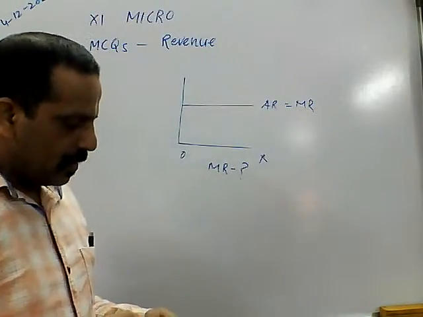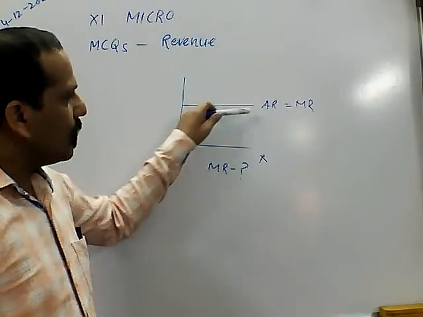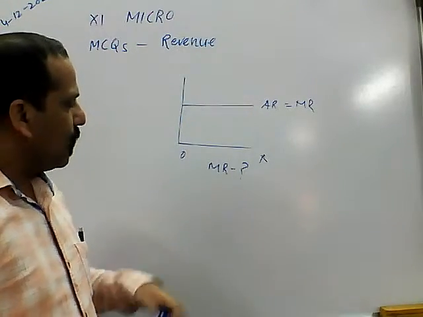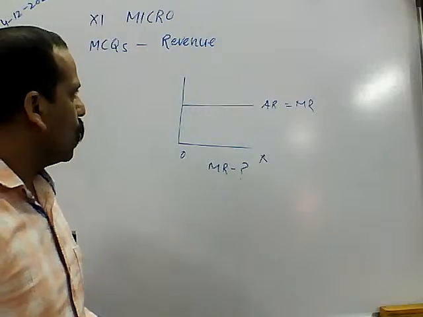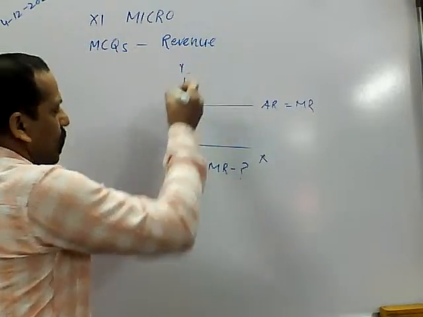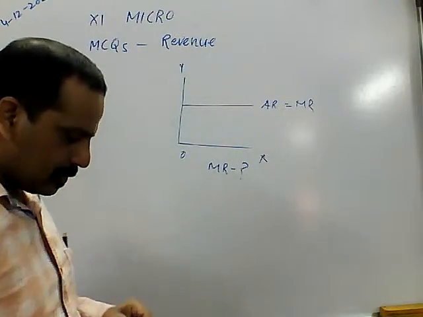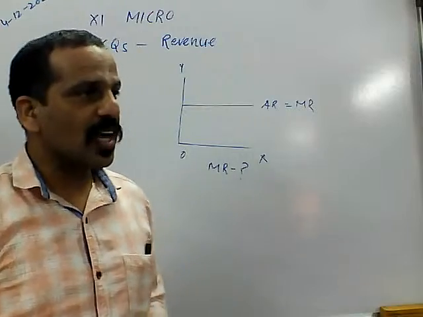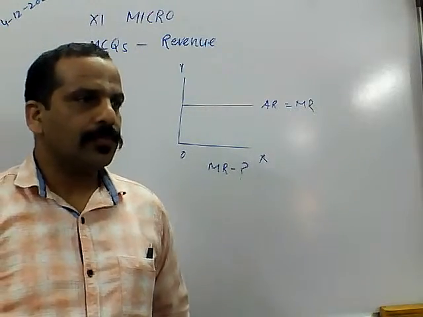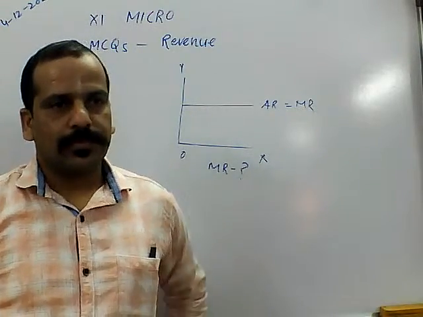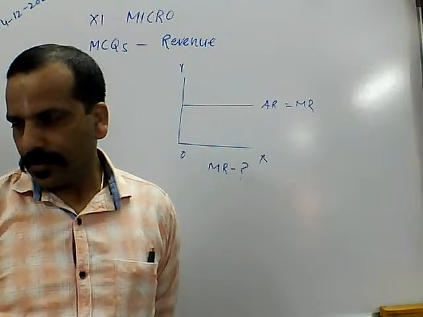When prices are constant, then average revenue is parallel to the OX axis.